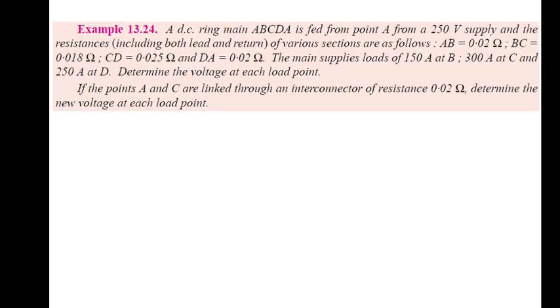The example requires calculating the voltage at different load points along the ring, considering the current drawn at each node, and it also extends the analysis by introducing an interconnector between two points A and C, which changes the current distribution and improves voltage levels. Overall, the slide demonstrates how network configuration and additional connections can significantly affect voltage regulation and performance in ring main systems.